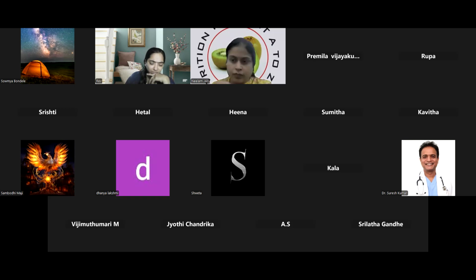But amla is also rich in vitamin C, so it's acidic in nature. But when it goes inside, shouldn't it act as alkaline? There are herbs which are balancing post digestion, post absorption also. So amla has a balancing property.